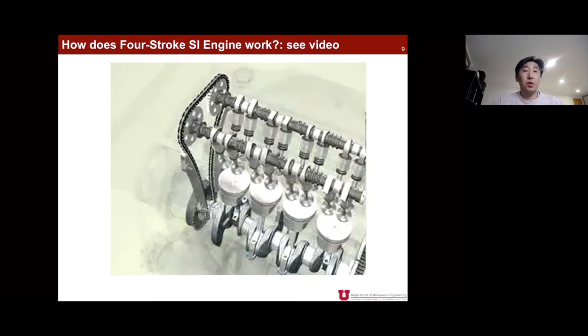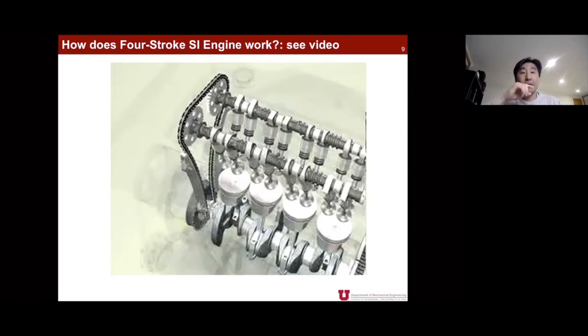So a four-stroke spark ignition engine is an engine that makes four strokes, or four movements either up or down, as one cycle. Usually two strokes make one rotation.